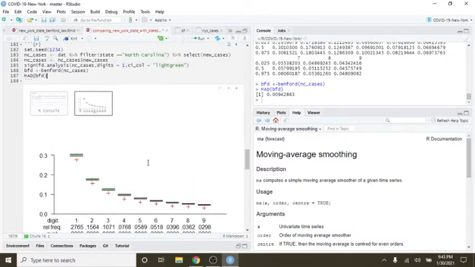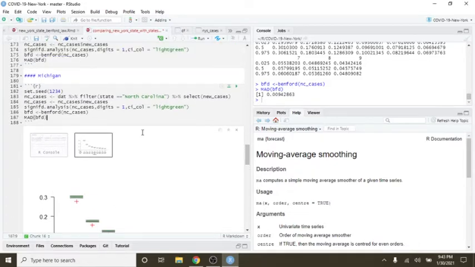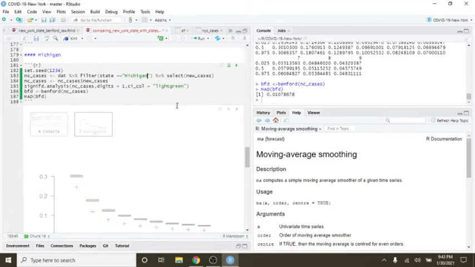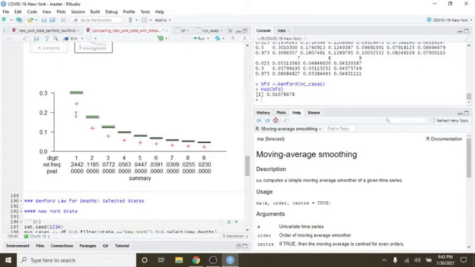Now you can see this is still 24%. It should be like 31.